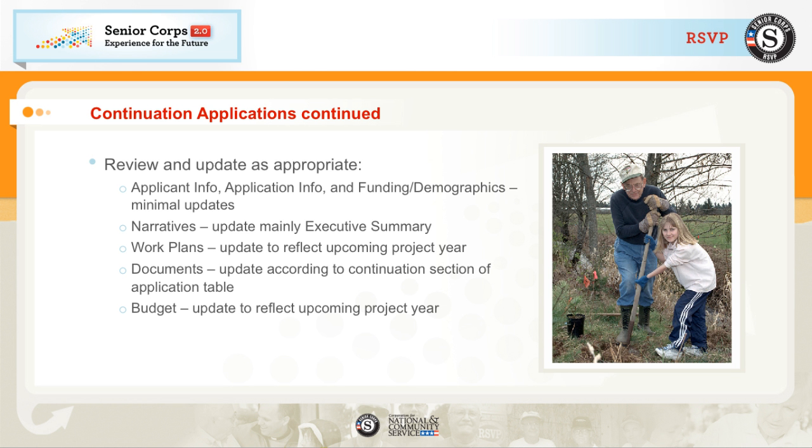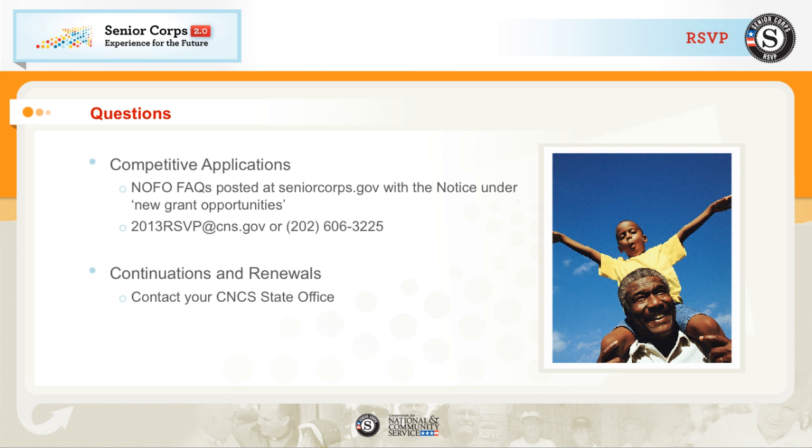If you have any questions about the RSVP application, there are a number of resources to help you. If you are submitting an application as part of the 2013 RSVP recompetition, a list of frequently asked questions is posted at seniorcorps.gov with the notice under New Grant Opportunities.